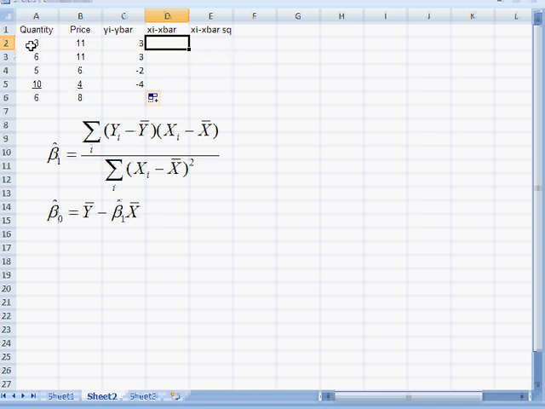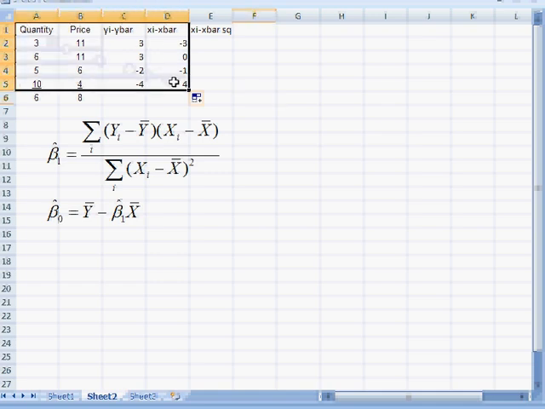Then take each x, subtract 6, the mean, and so equals A2 minus 6. I'll just do it that way. Okay, let me make all these numbers bold and make them stand out a little bit more, and I'll center them.